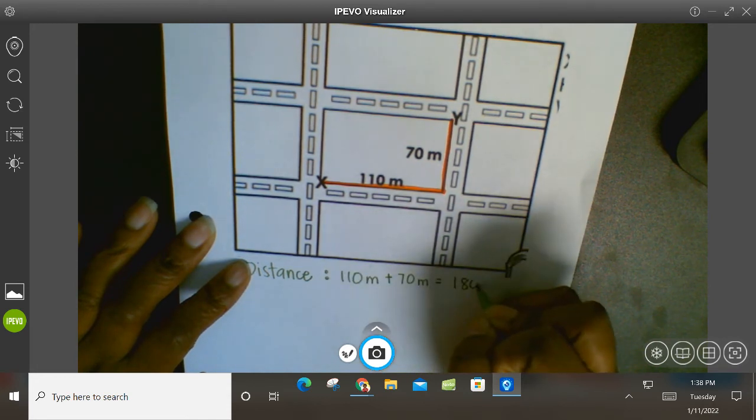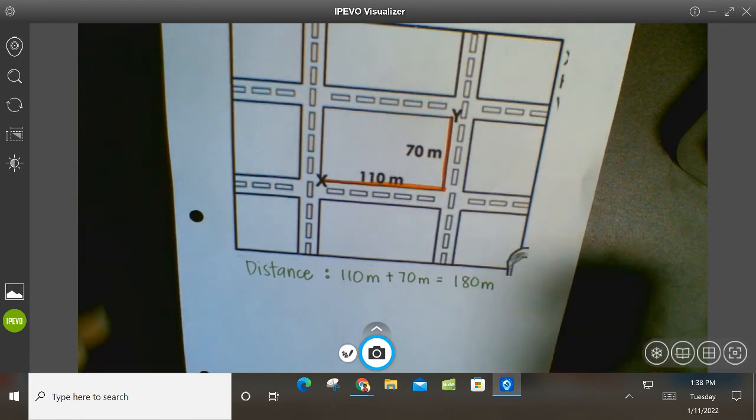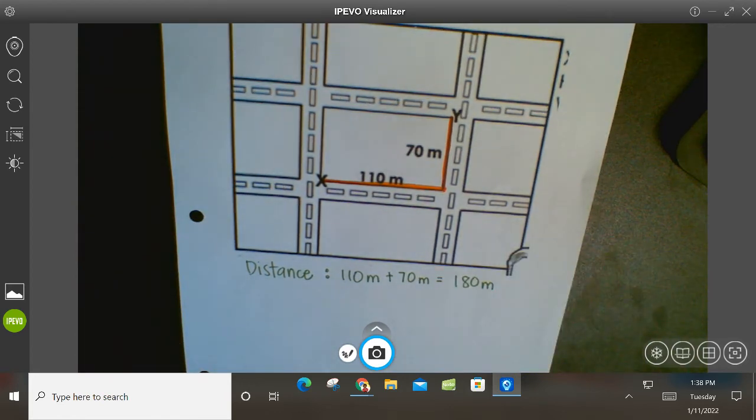So the total distance that Xavier traveled was 180 meters. Because distance is the total length traveled. So because it's total, you're adding all of the lengths together.